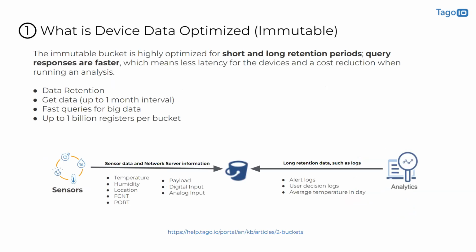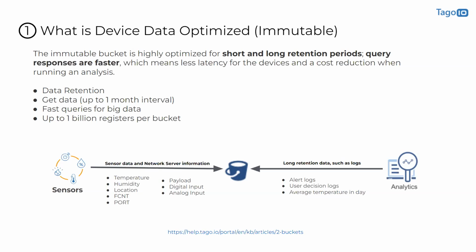So on TagoIO now we have two kinds of buckets, the device data optimized and the managed data optimized. They are called immutable and mutable. The difference between them is that the immutable is very sensor focused, in a way that it can store data for a long period of time and have very fast response, up to 1 billion registers per bucket.